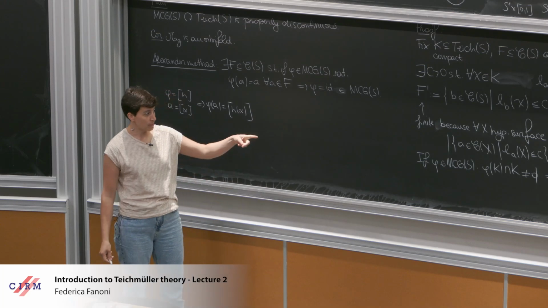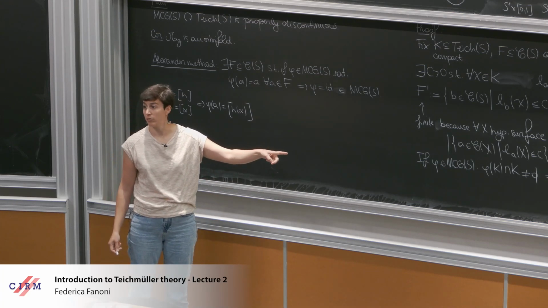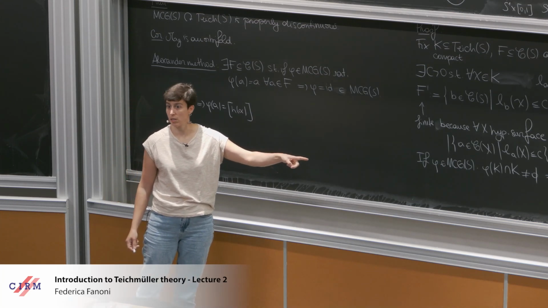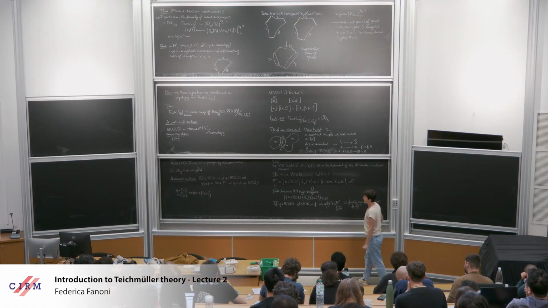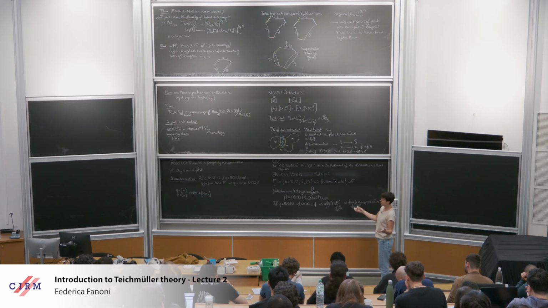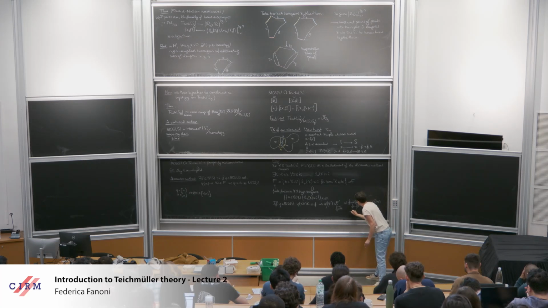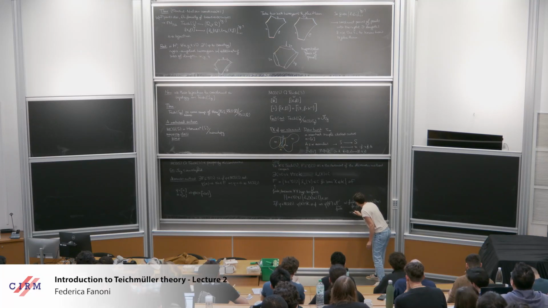So another way of stating the Alexander method is that once I fix the images of the curves in F, my mapping class is completely fixed, and since I have finitely many possibilities, this means that there's finitely many possibilities for phi.